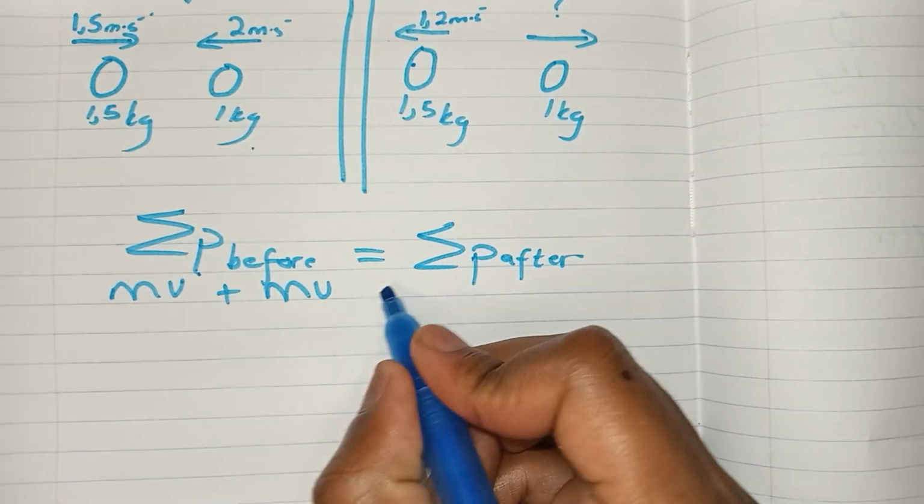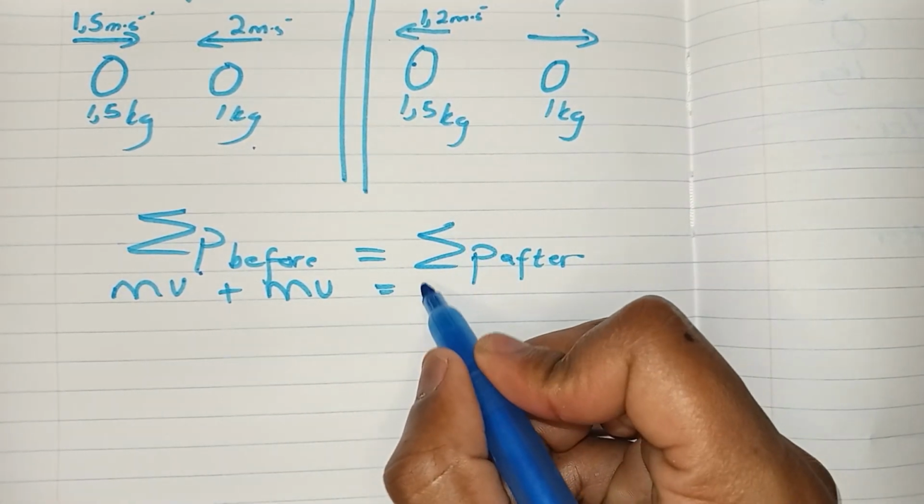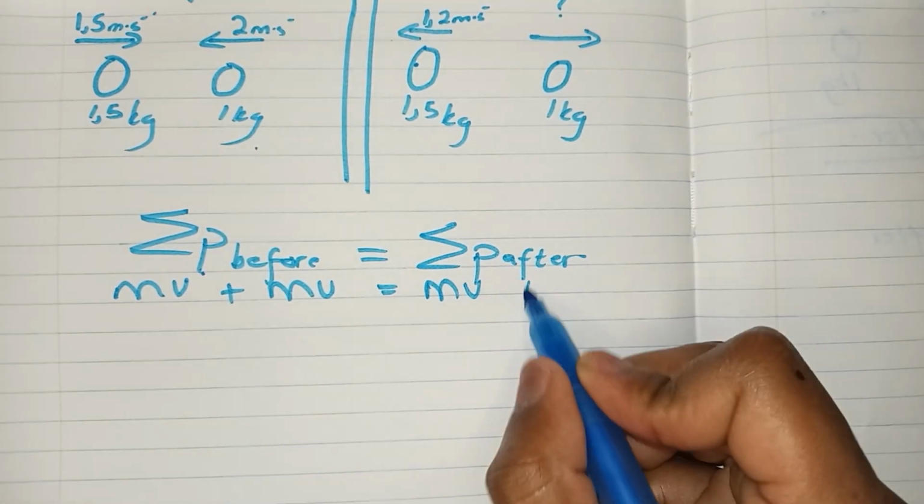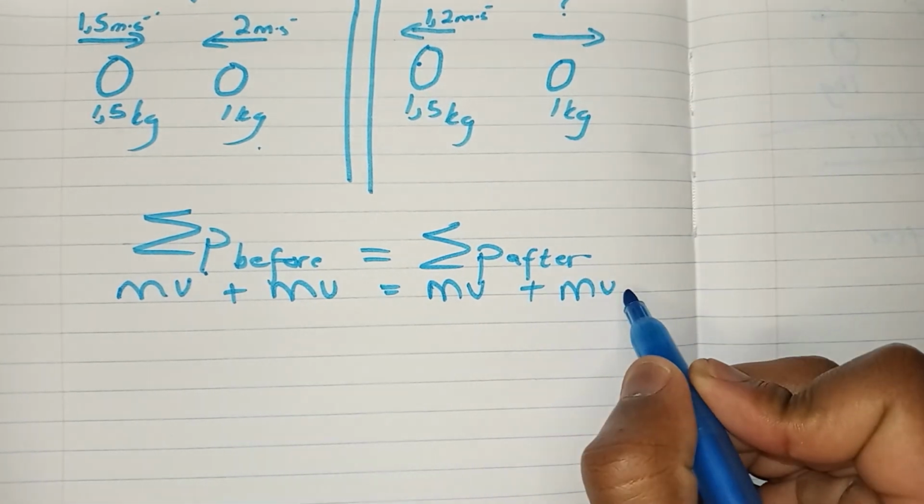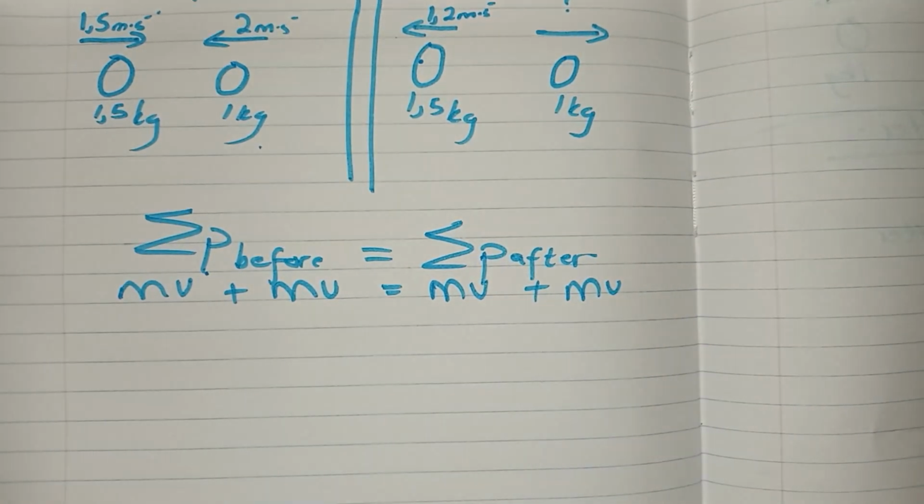So it is going to be something like this: mv plus mv. This is where you need to specify which ball you are talking about.